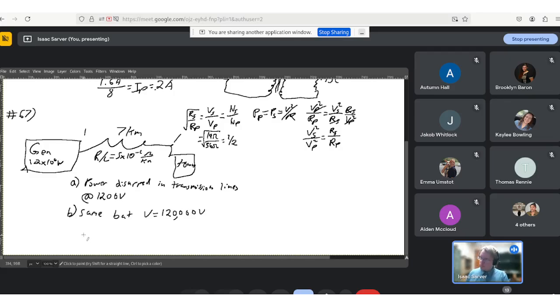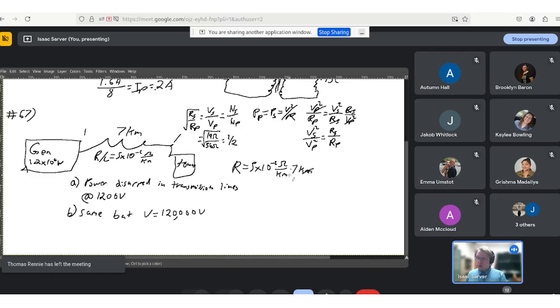So, to do this, first thing I need is my resistance. Resistance is equal to my resistance per length of 5 times 10 to the minus 2 ohm per kilometer, multiplied by 7 kilometers.